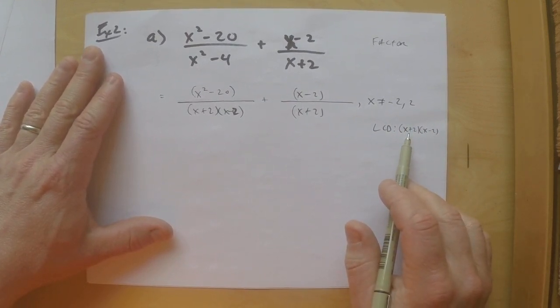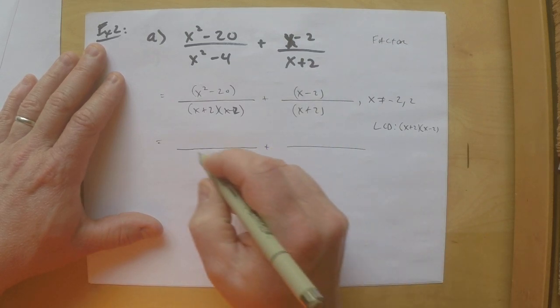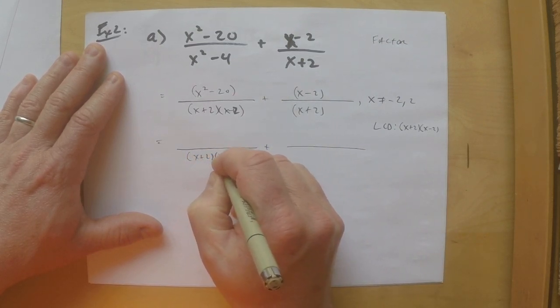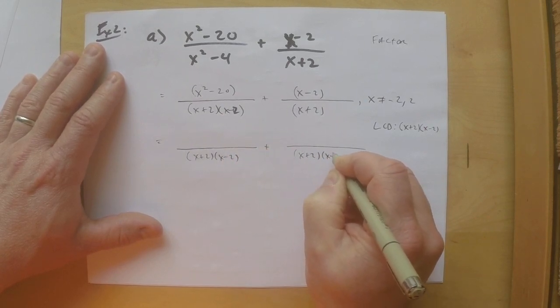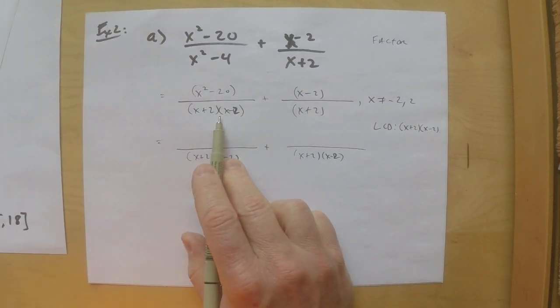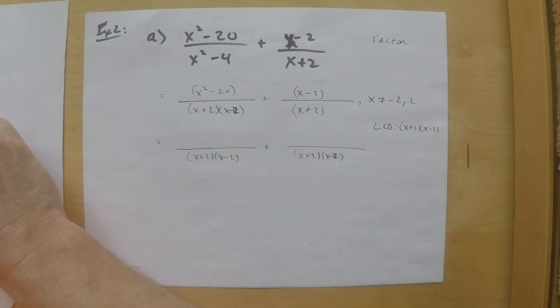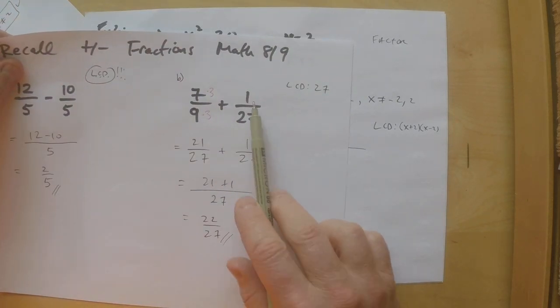So there's your LCD. Now what you've got to do, and it's clumsy, the only way out is you need to write both of these denominators with the LCD that we've chosen. Go back and look at the original, just like these questions here. When it stays the same, you just recopy.